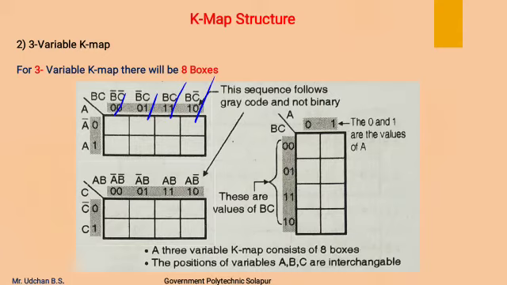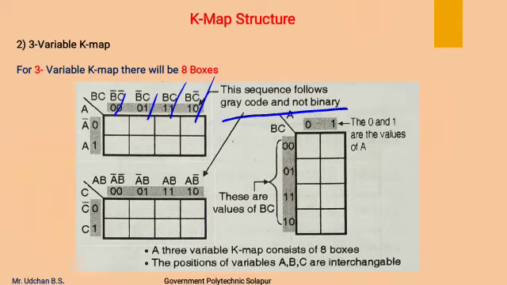This sequence we have to follow for every K-map structure where two variables come together. So the sequence follows gray code and not binary. You will come to know how gray code helps to reduce the equations in the next lectures.